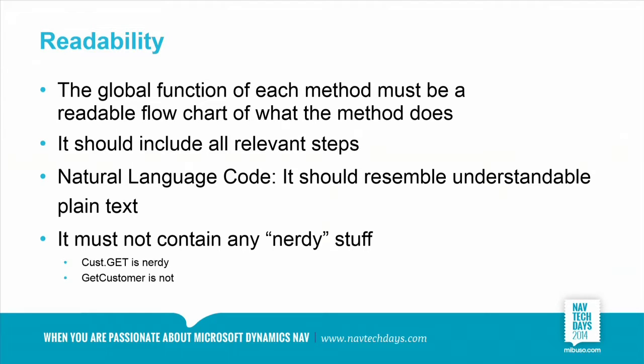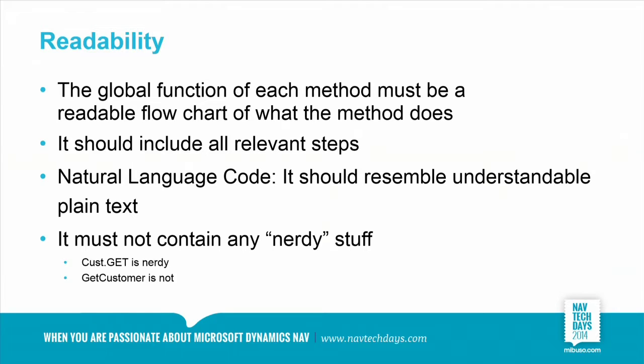That should sort of resemble plain text, and not carry any nerdy stuff. If you look at what I call nerdy and non-nerdy, cust.get is nerdy, getCustomer is not. I mean, that is a fairly irrelevant example, but I think you get the message. GetCustomer, everybody can understand that, whereas cust.get is already language specific.